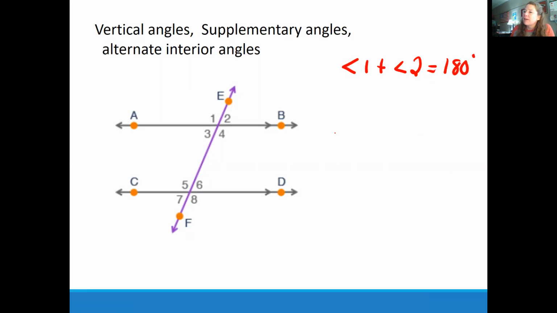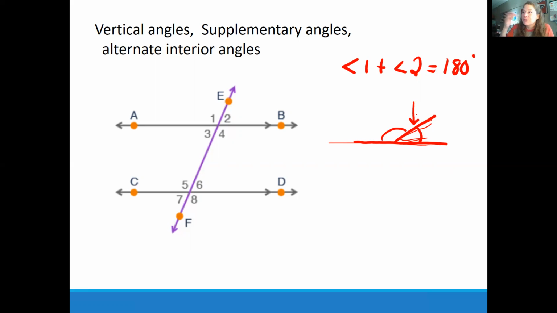If I took the measure of a straight line, straight lines have a measure of 180 degrees. Well, if I divided it into 2 angles, I still know that this angle plus this angle has to equal 180 because they form this straight line, right? So if you have 2 angles, when you add them together, they equal 180 degrees. That means they're supplementary. Well, if they have a common side, like this one that I just drew, this angle has a common side with this angle, which is this side right there.